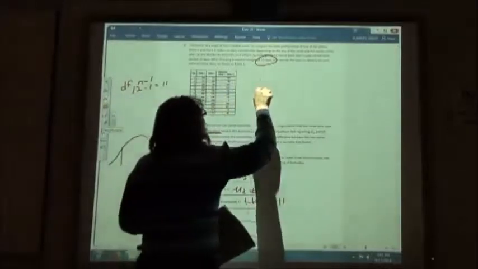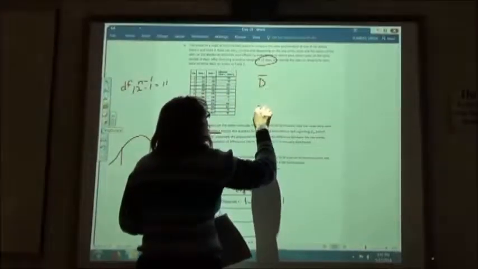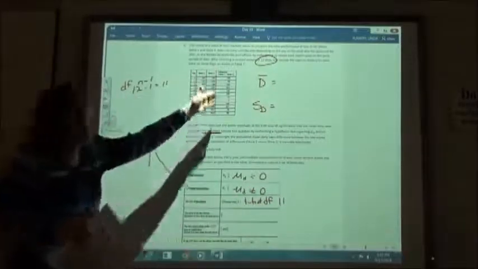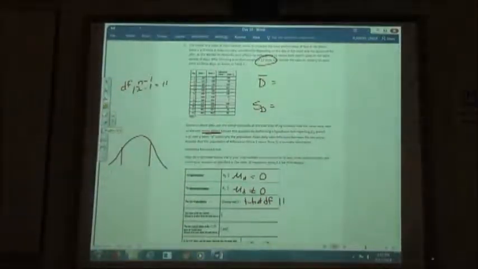Now we can compute the value of our test statistic after we find our statistics here. So we need the mean of the difference and the standard deviation of the difference by doing our 1 variable statistics on that list of data. So in your calculator, in list 1, if you have all that data in, then stat, calculate 1 variable statistics so that we have our numbers that we need for the problem.